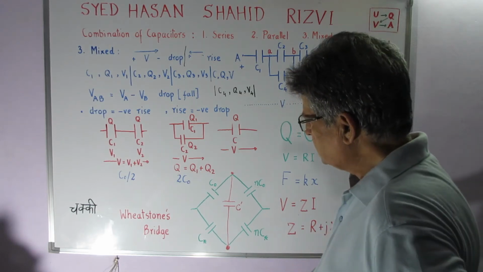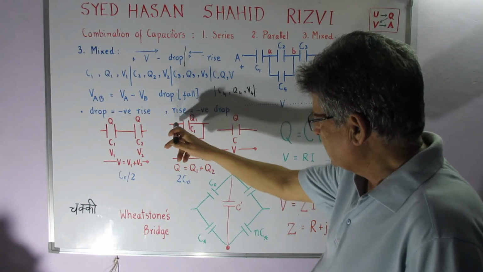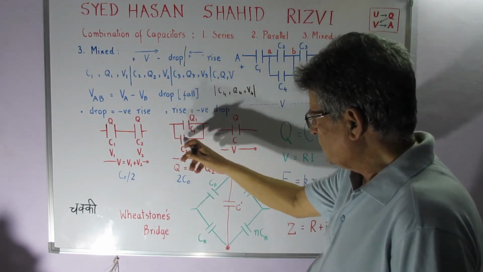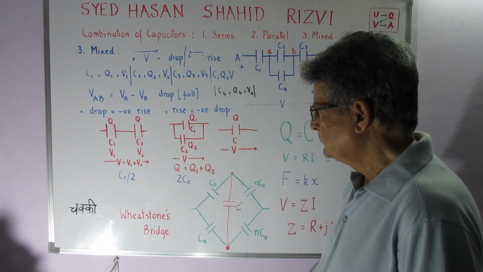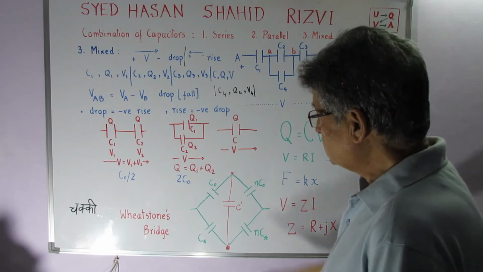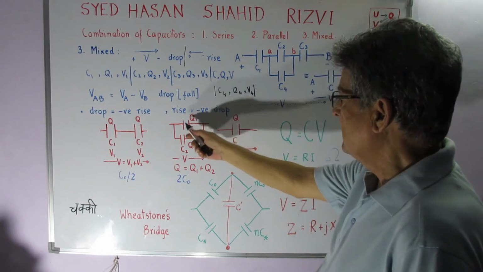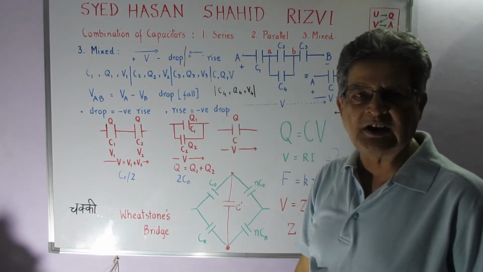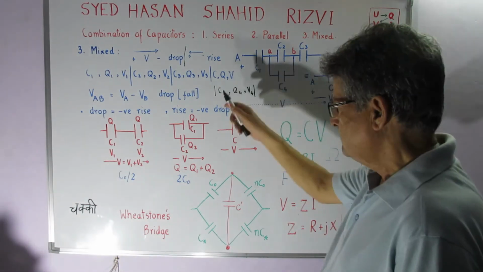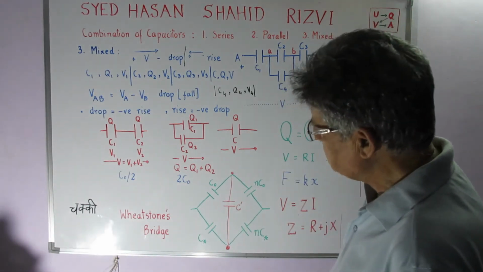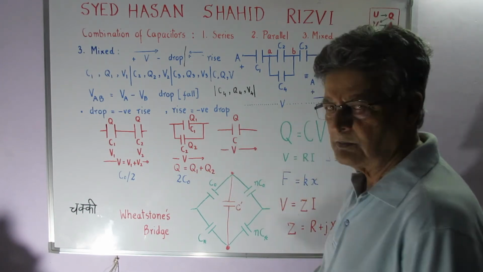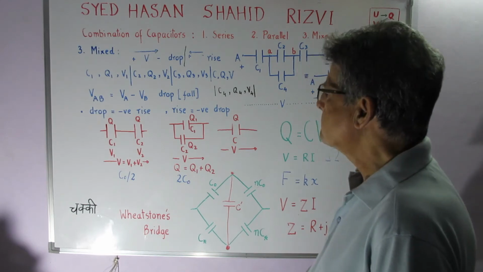Whatever is the potential difference over here will be the potential difference across the parallel paths, and the total charge will be divided between these 2, these 3, these 5, these n capacitors in parallel. So I can write Q will be equal to Q1 plus Q2 plus and so on, Qn.